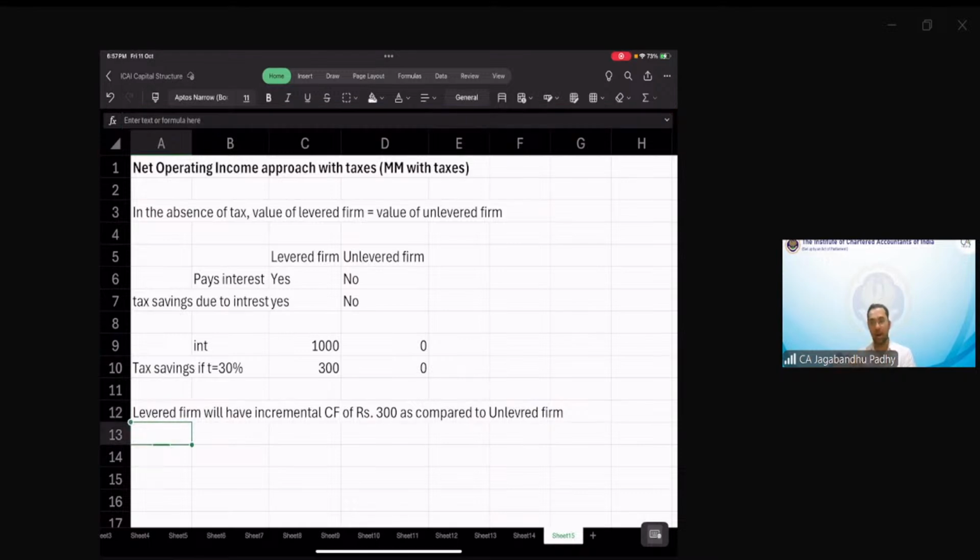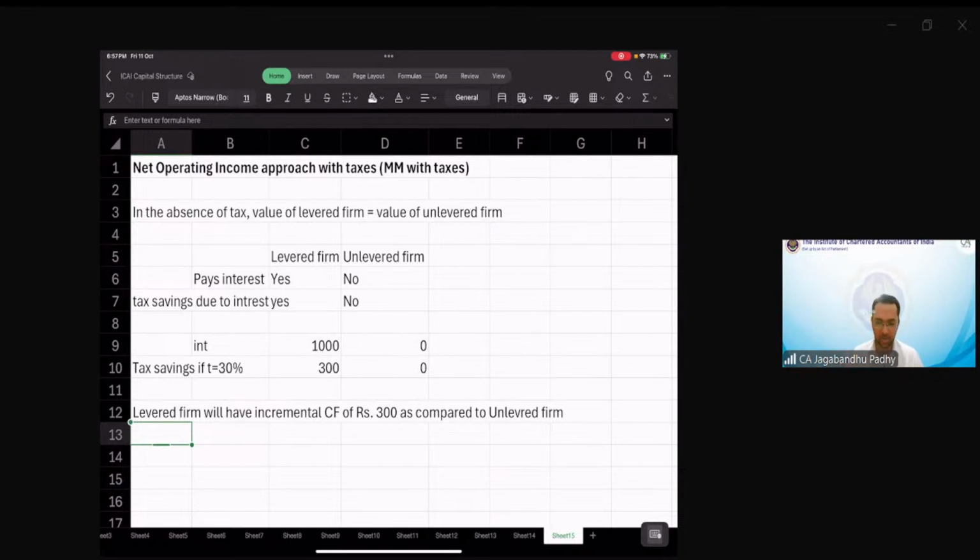As compared to an unlevered firm, the levered firm is going to have an extra cash flow of 300. Because tax saving is possible only in the case of a levered firm, since there is a tax applicable. This tax saving of 300, is it going to be for 1 year, 2 years, 3 years, or till perpetuity?